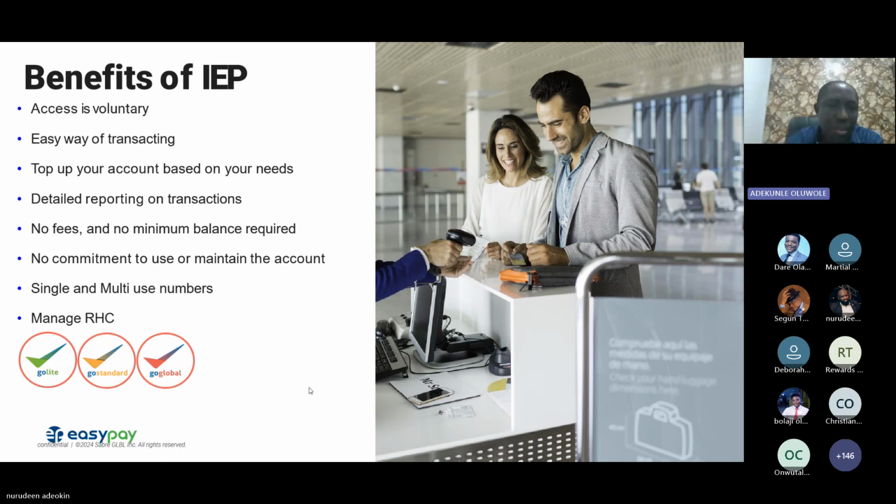It also helps to manage your RHC, especially for Go Standard and Go Global. I will be explaining more of this later. In a session whereby you have reached your holding capacity and you want to issue a ticket, you can fund your wallet and issue your ticket. Next slide, please.